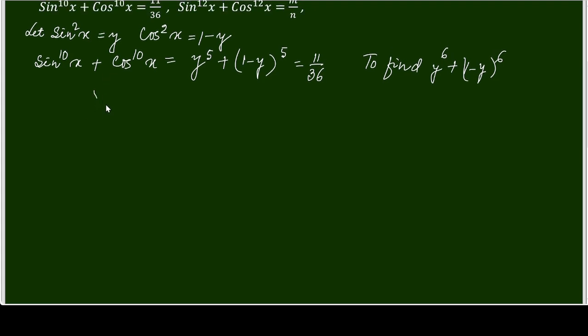Okay. Now I am taking y equals half minus z. Let y equal half minus z, then 1 minus y equals 1 minus (half minus z), that will be half plus z.